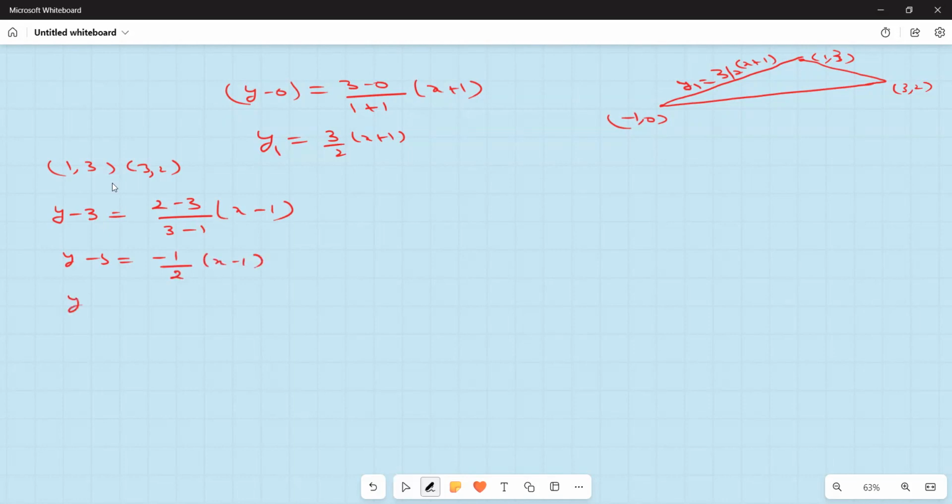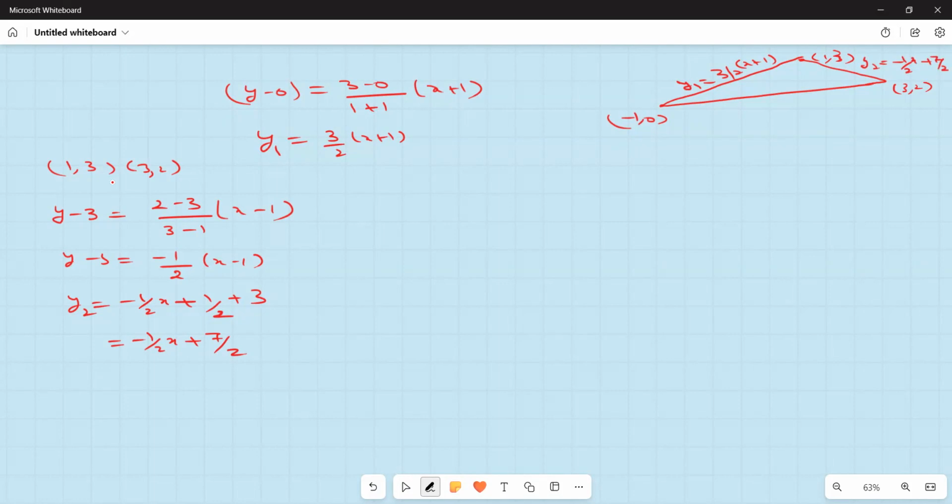So this is y is equal to minus half x plus half plus 3. So this is coming minus half x plus 7 by 2. I am taking this as y2. y2 is equal to minus half x plus 7 by 2.